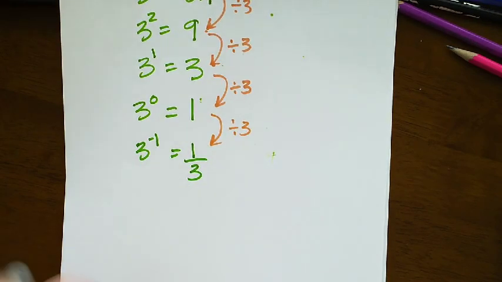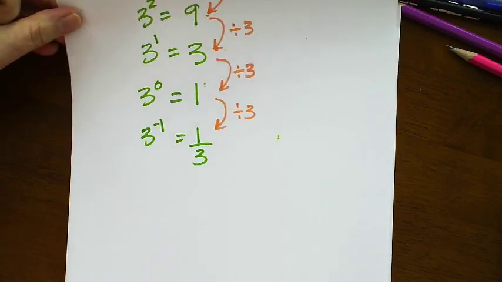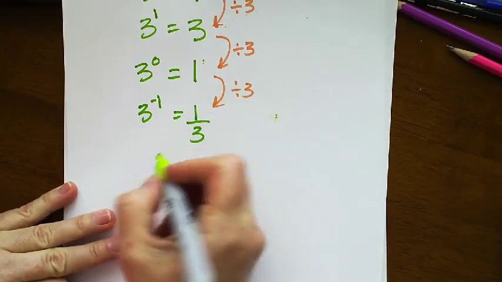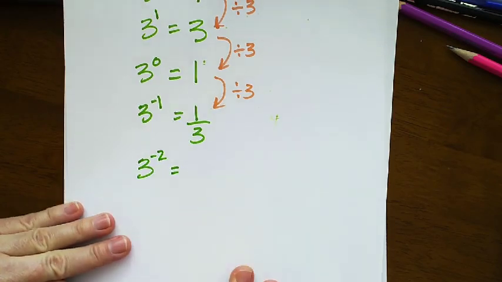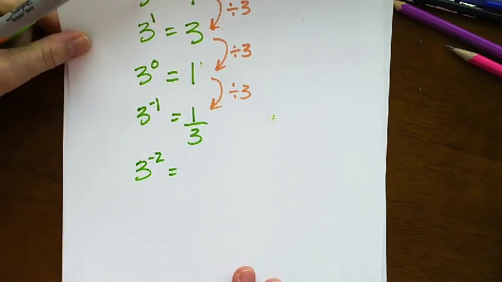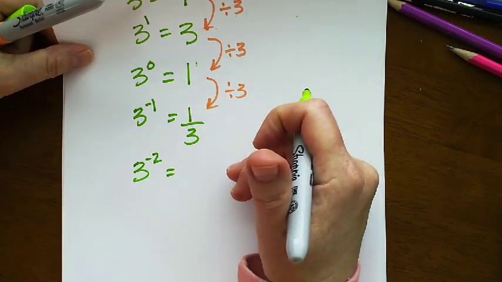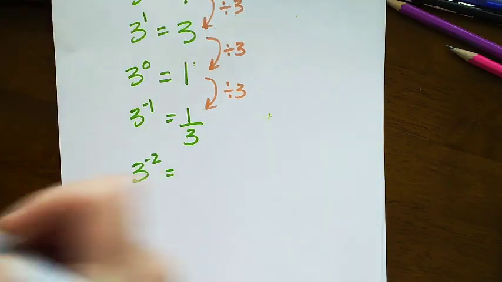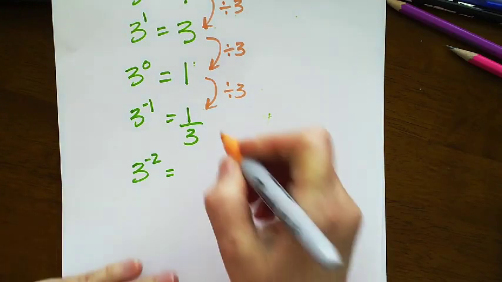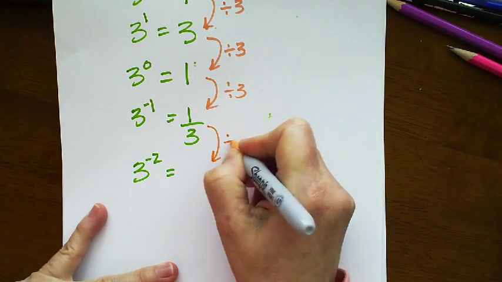Now here's where it may get a little bit tricky, because you may not know how to multiply and divide your fractions as well as you should, but it's not that hard. What about 3 to the negative 2? Some of you just recognized a pattern as soon as I did a few of these. 3 to the negative 2 is 1/3 divided by 3.